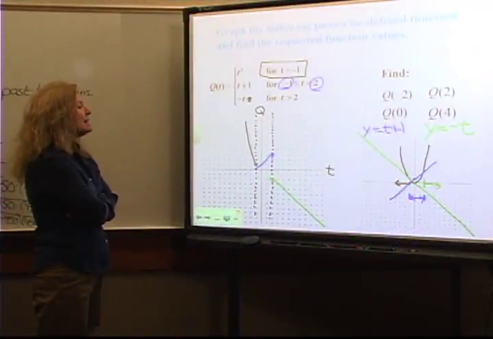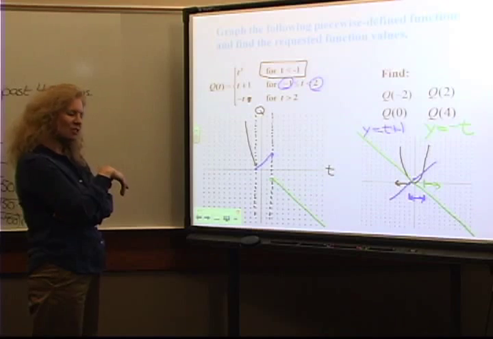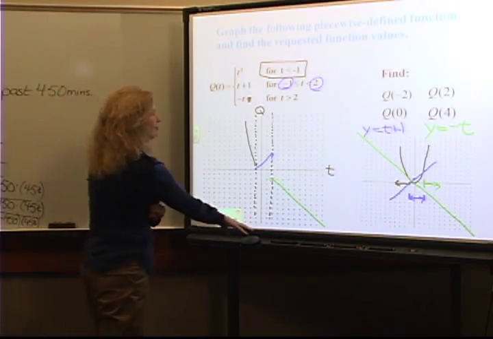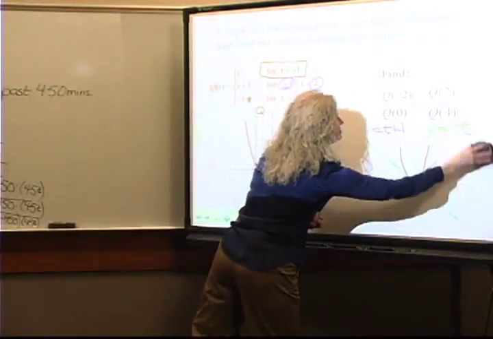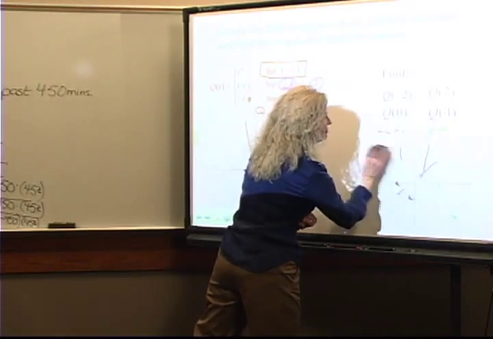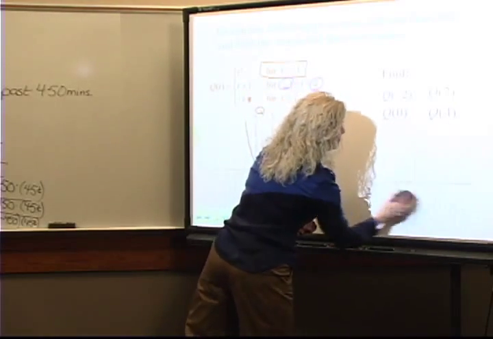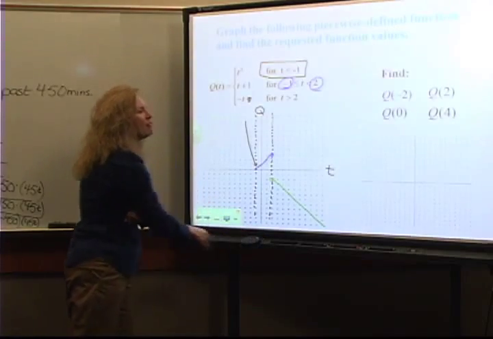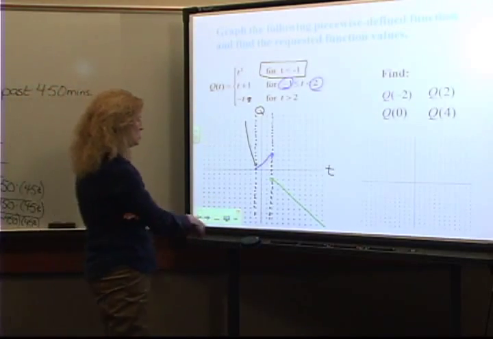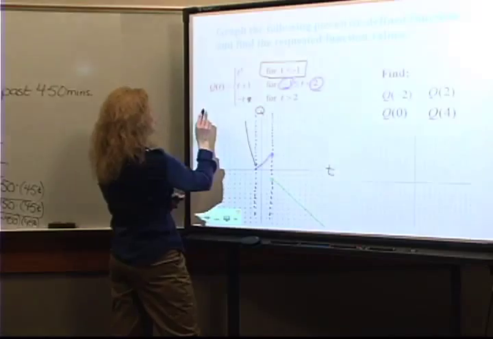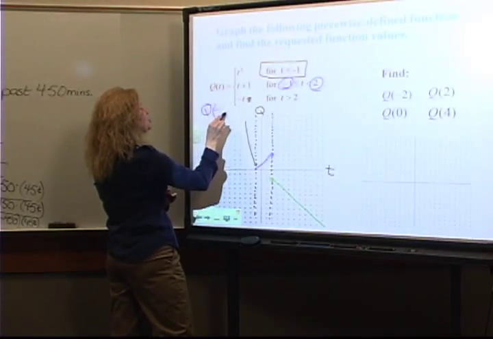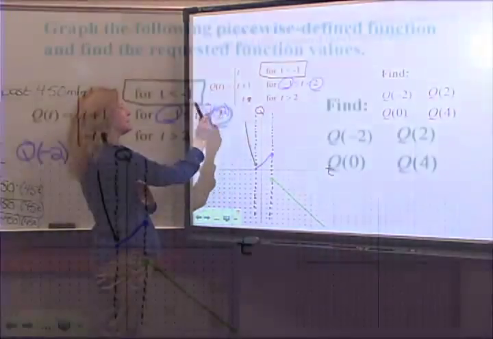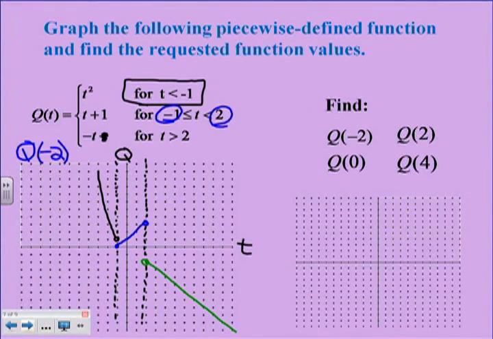All right? Now, let's go ahead and check some function values here. First off, q of -2. If I want to get q of -2, that means my t value, my input value, is -2.